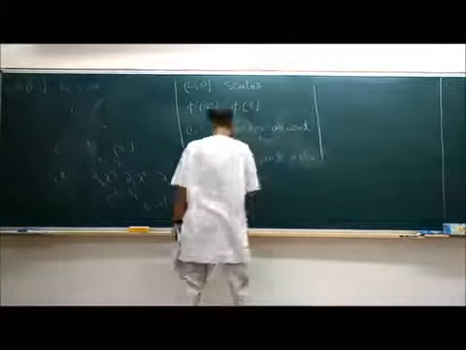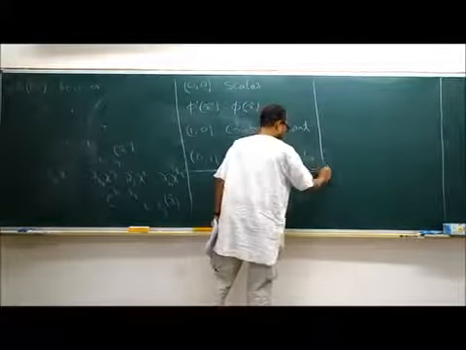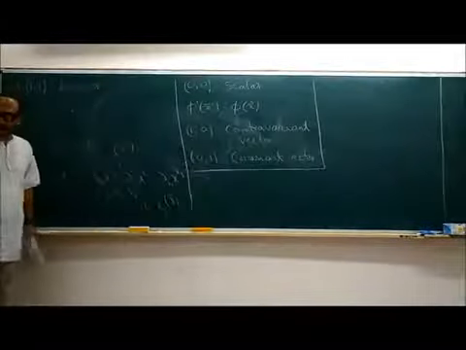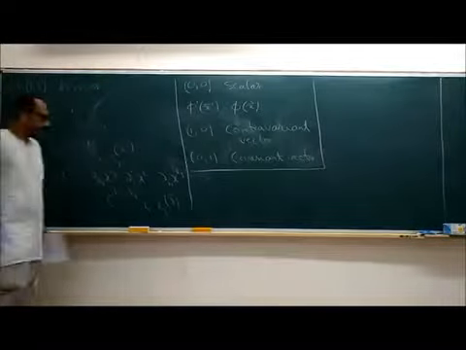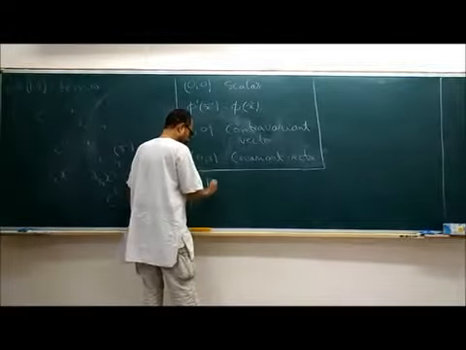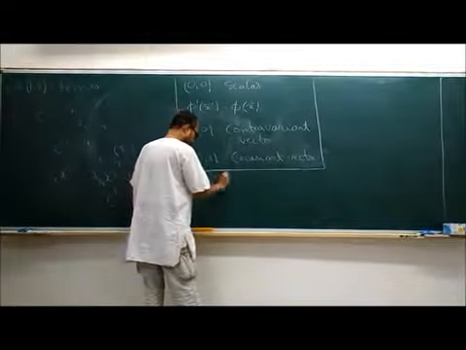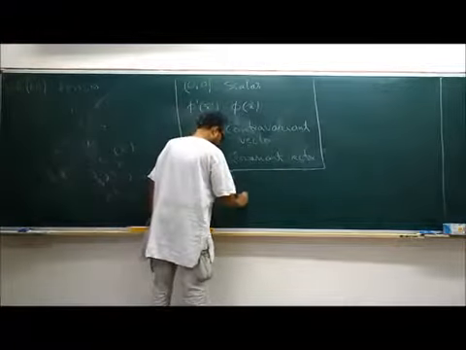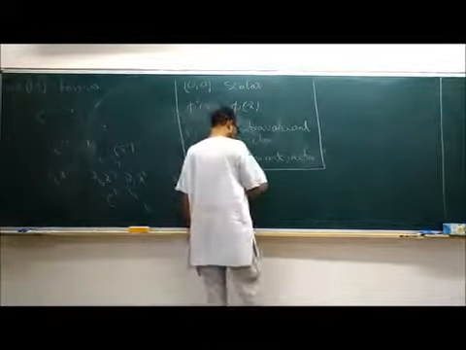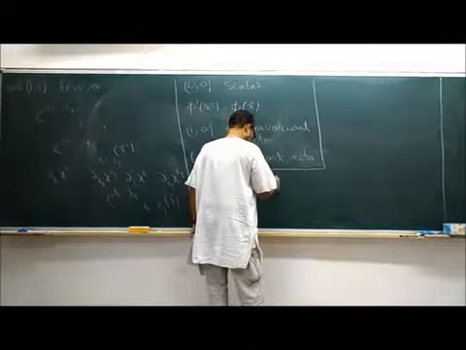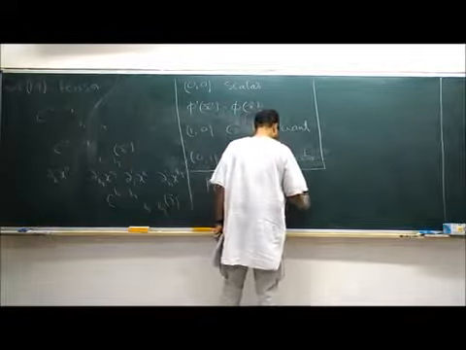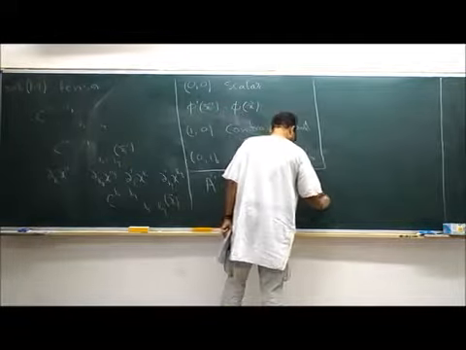Now, given a set of tensor fields, we can construct other tensors out of these. For example, suppose we have two tensors, A i1 to ip, j1 to jq, and B k1 to kr, l1 to ls.